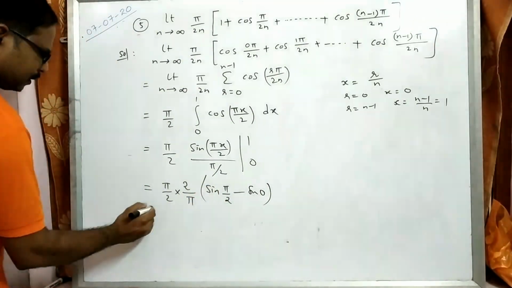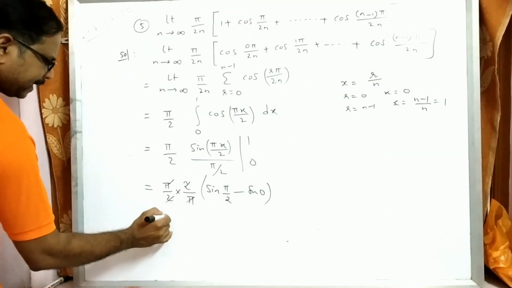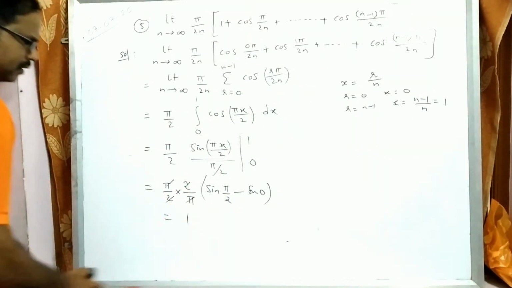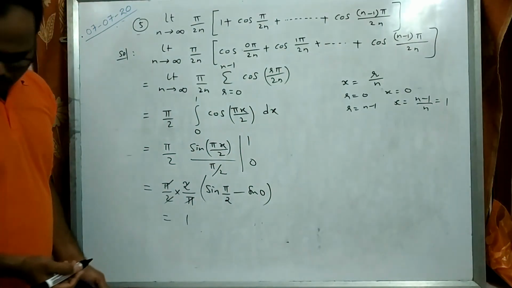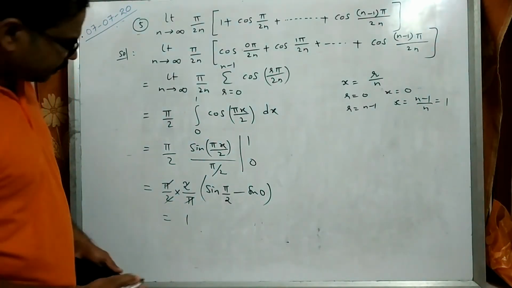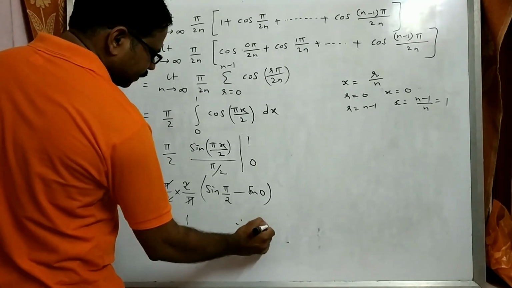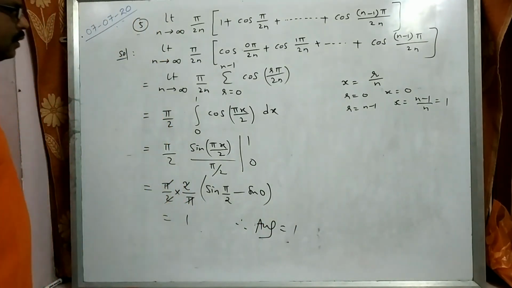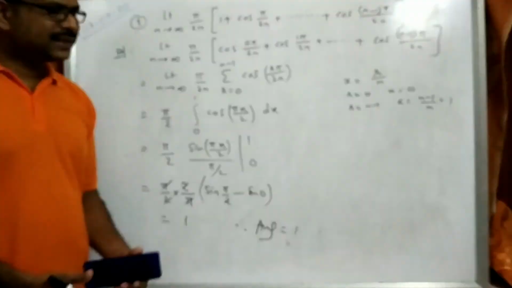So 2 gets cancelled, pi cancel, sin 90 is 1, sin 0 is 0. So what is the value of this? 1. So therefore the answer is 1. Right? Hope it is clear. Thank you.